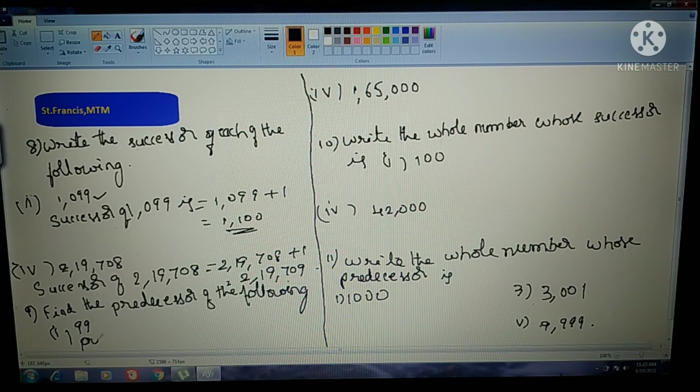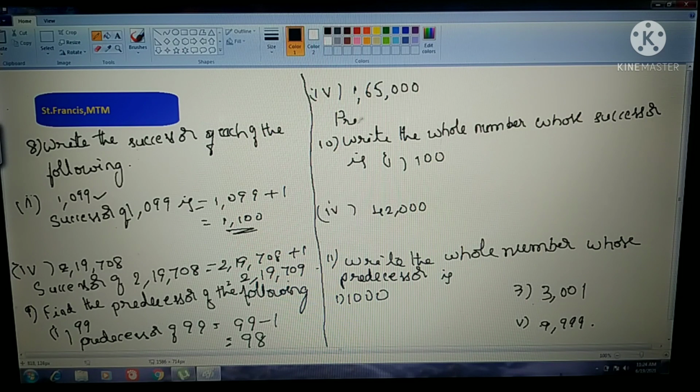So, write down predecessor of 99 equal to, so you have to subtract 1 from the given number. The before number. Successor means forward number, that is the next number which comes. Predecessor means the before number. Now see here next one, 1,65,000.